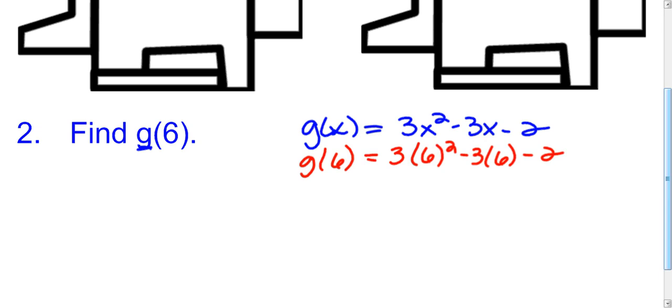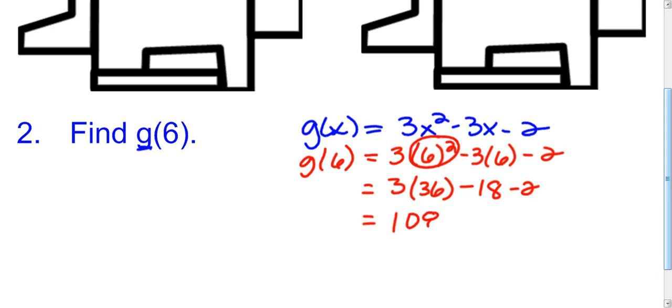Here you need to make sure that you're using the correct order of operations. So I need to square something before I multiply it by the 3. So I will do 3 times 6 squared, which is 36. And then negative 3 times 6 is negative 18. And subtract 2. And then 3 times 36 is 108.